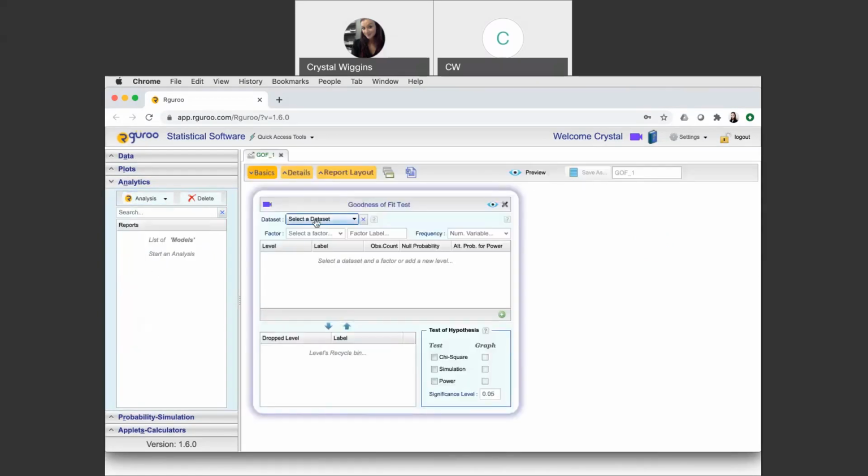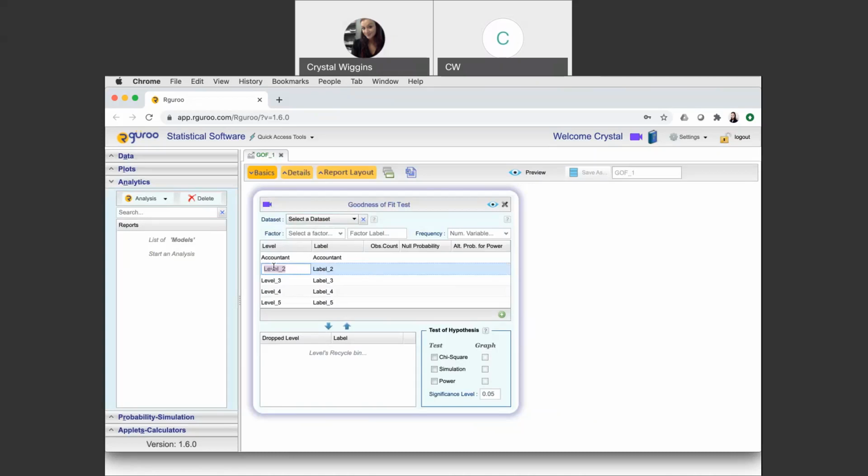So I don't have it as a data set. I have to fill in this area here. Now, in my table, I have 5 different categories. So I'm going to come here to the plus sign and add 5 rows. Now, the level and the label are the same. So my first one is accountant. Don't ask why they have two spots for this.